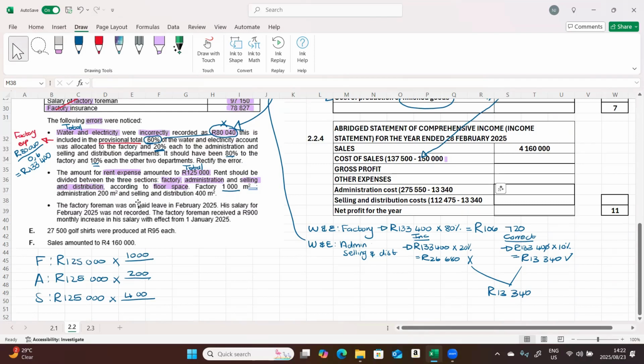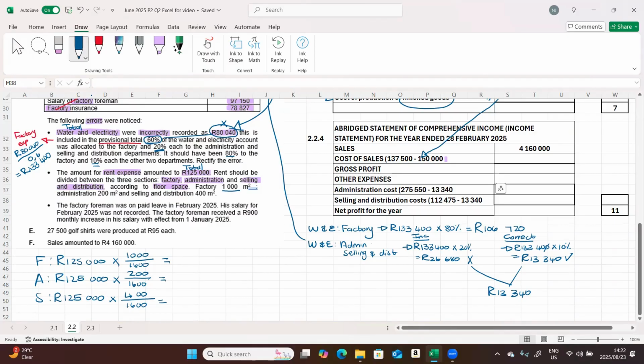We need our total floor space. So your denominator will be 1,000 plus 200 plus 400, which will give me 1,600. So your denominator is 1,600 for each and every one of them. So they will have the same denominator, but different numerators. So that is how you apportion according to floor space.